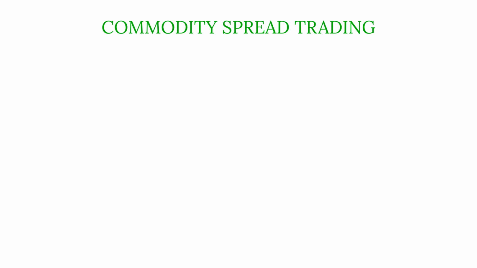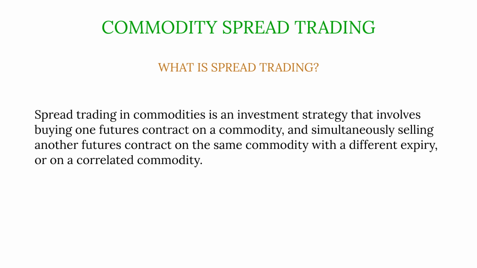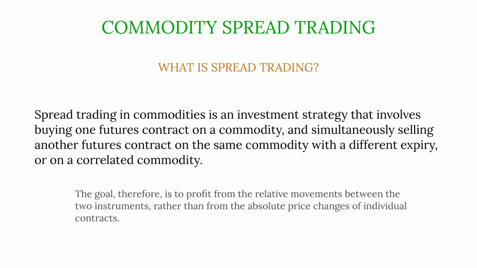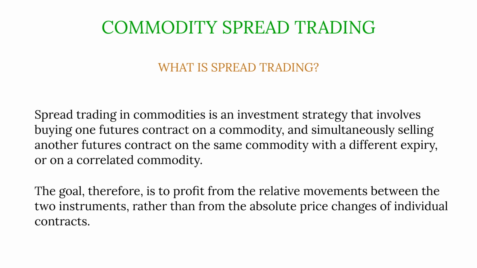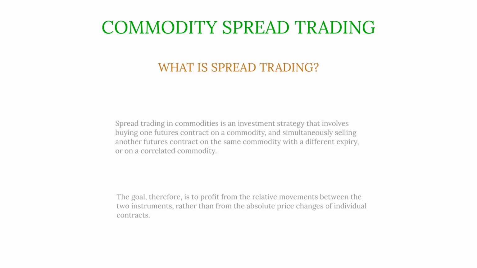Now, let's get to the heart of the matter. What is spread trading? Spread trading in commodities is an investment strategy that involves buying one futures contract on a commodity and simultaneously selling another futures contract on the same commodity with a different expiry, or on a correlated commodity. The goal, therefore, is to profit from the relative movements between the two instruments, rather than from the absolute price changes of individual contracts.